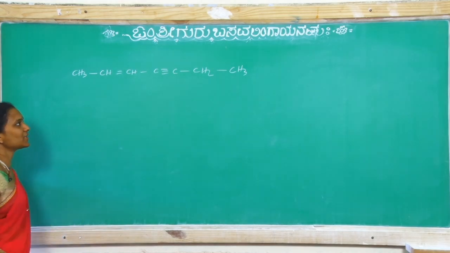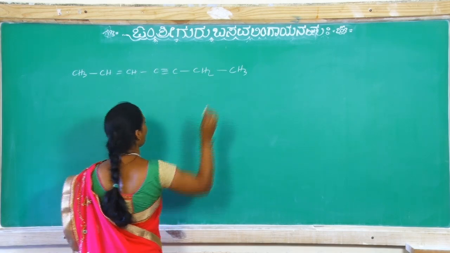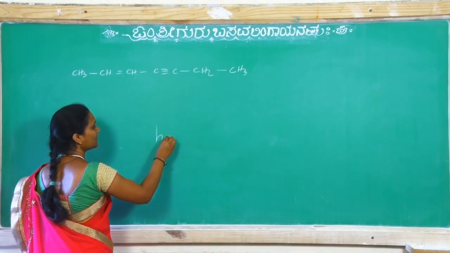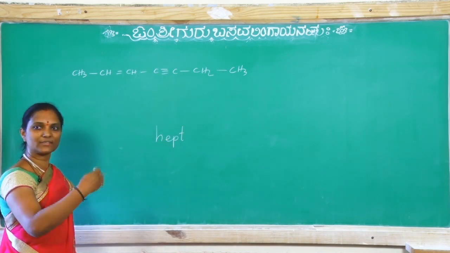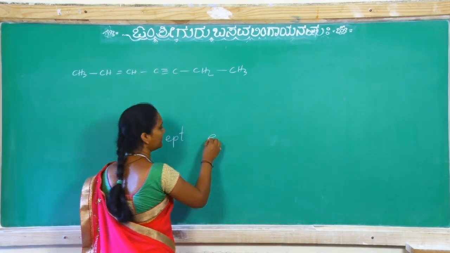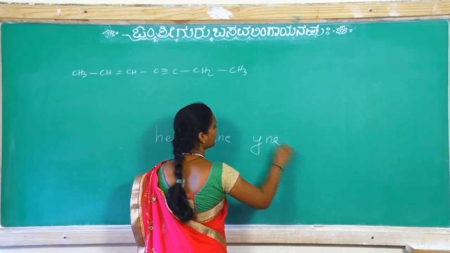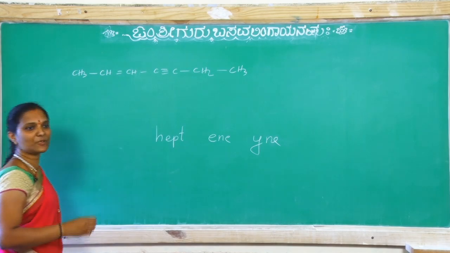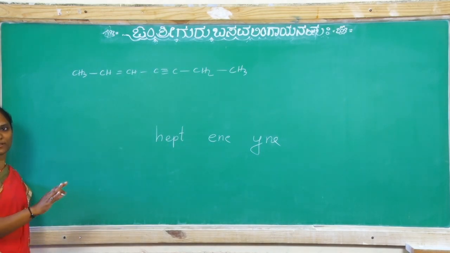First count the number of carbons: 1, 2, 3, 4, 5, 6, 7. Seven carbons, hept. First we should write double bond, then triple bond. Double bond name is ene and triple bond is yne. Give numbering with the least sum. We just have to select the least sum.